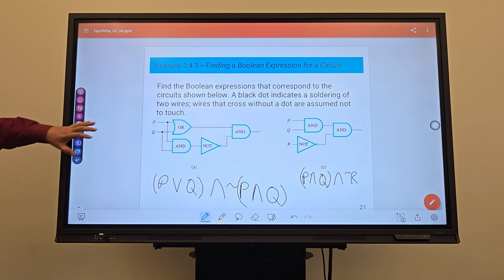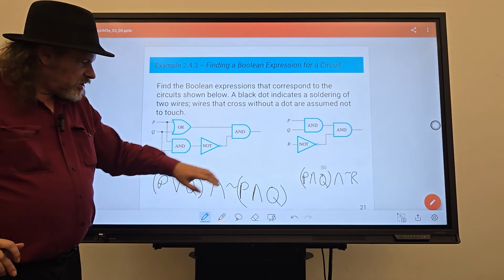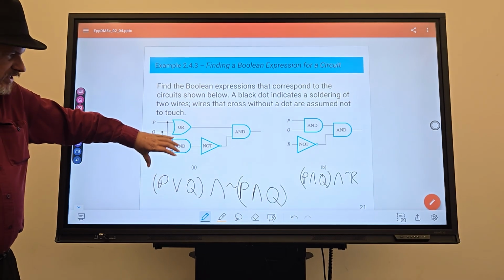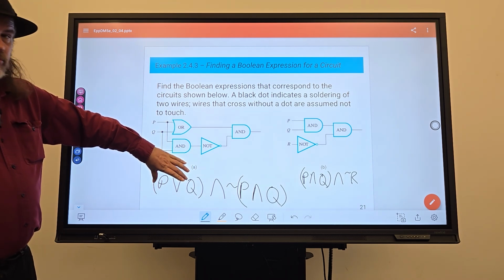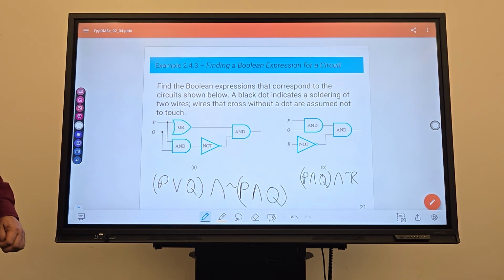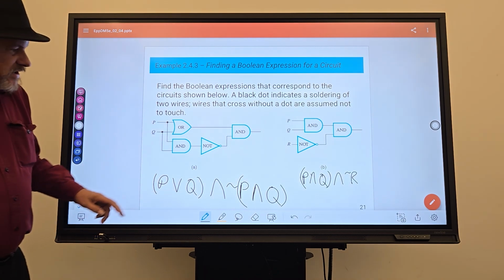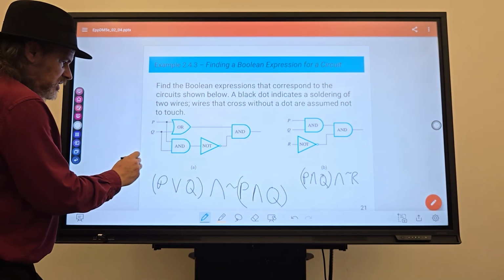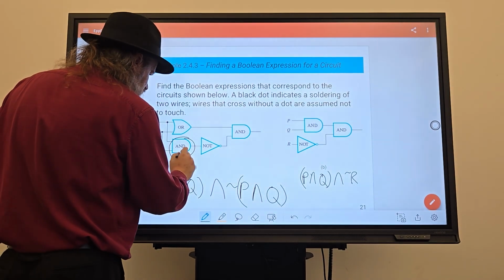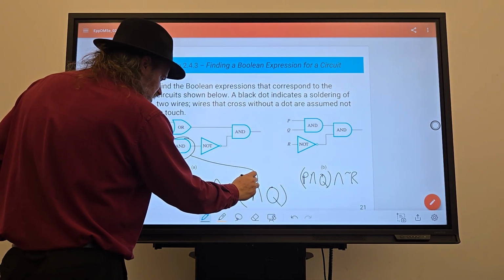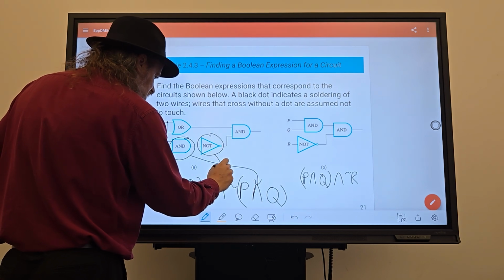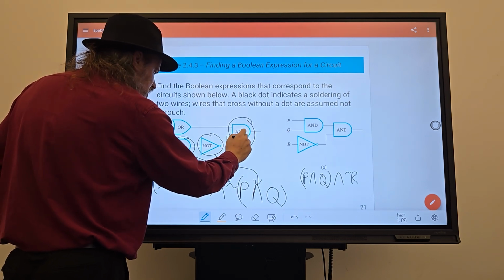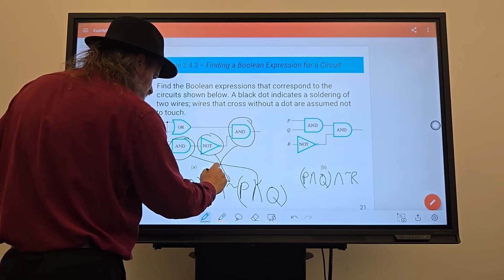You work left to right, constructing a gate with a gate is a single operation in parentheses. And this corresponds to this. This corresponds to this. This corresponds to this.